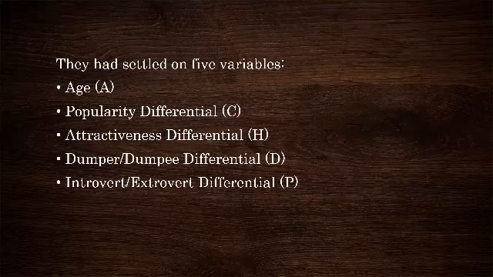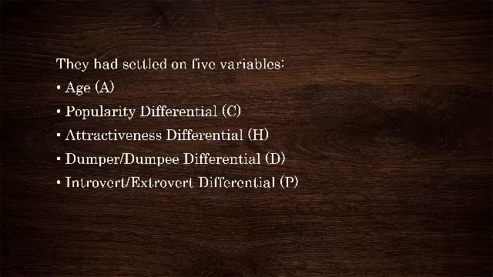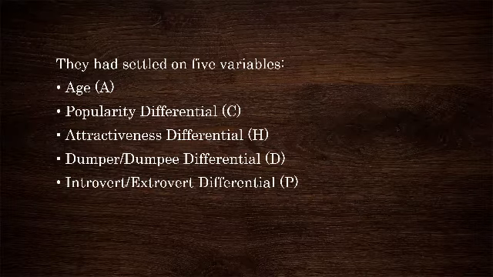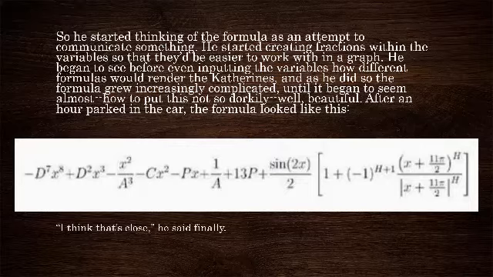She continues to read the book in which Colin realizes that one of these might be more important than the other. Like maybe he should square the attractiveness differential. Maybe that's more than age, more than popularity. Which one's the most important and how do you represent that with numbers? She shows us what Colin comes up with finally with all the different differentials and how they work in the equation.